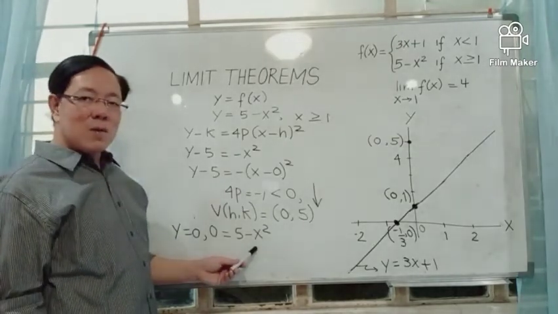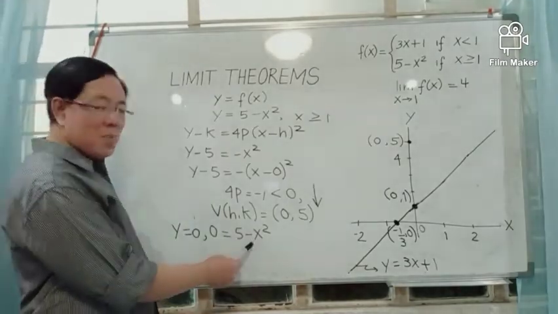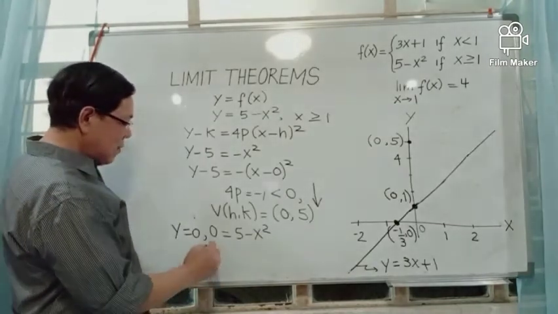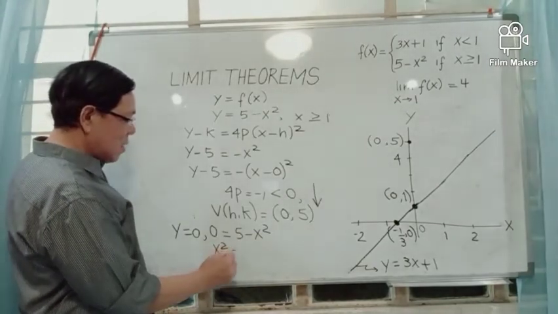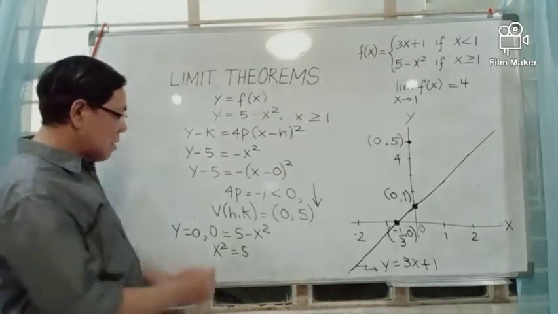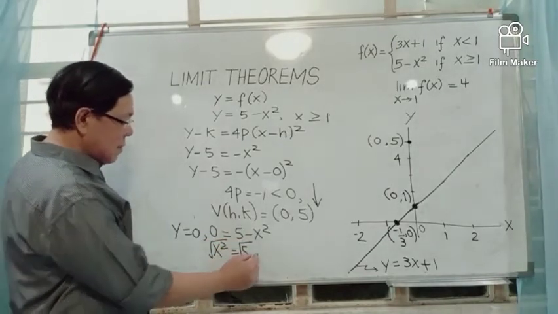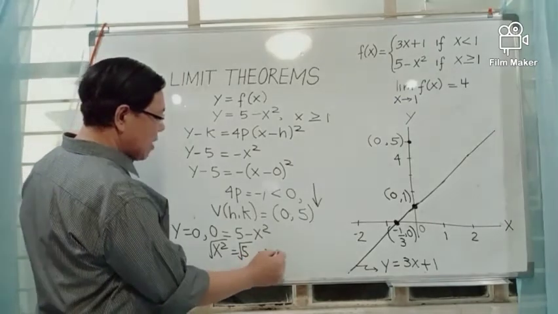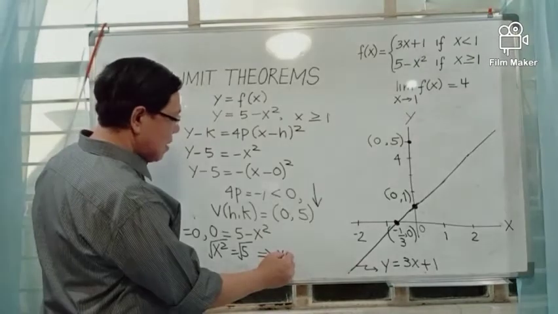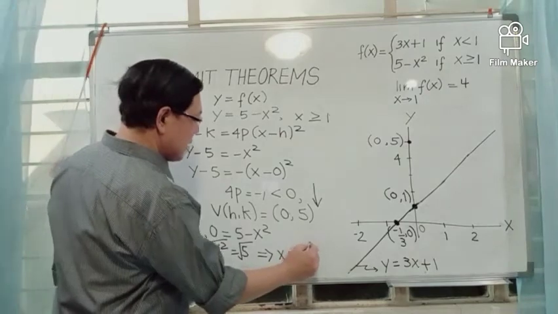From this equation, you can readily solve for the value of x by transposing negative x squared to the left side. We get x squared equals 5. And you take the root of both sides, and the values of x are plus and minus. x has two values, the positive root and the negative root of 5.